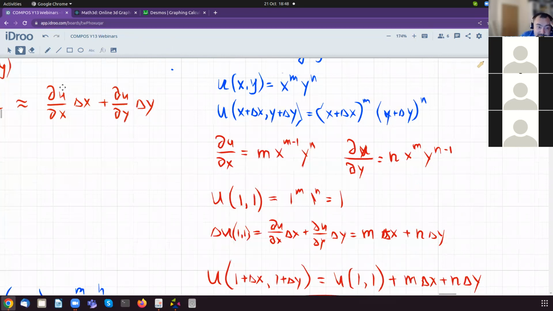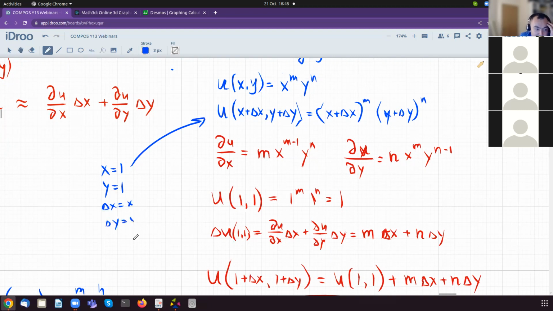And then we substitute x is equal to 1, y is equal to 1. We substitute into here. Delta x is x and delta y is y. I know it's super confusing that we replace delta x with x, but bear with me. If we do this substitution, we end up with 1 plus x m, 1 plus y n.